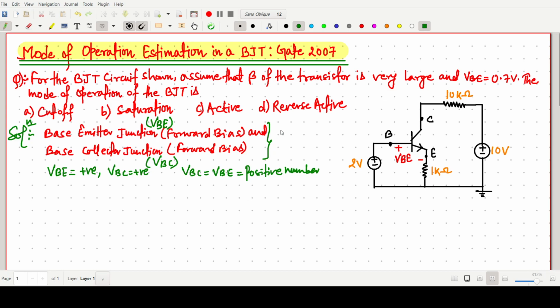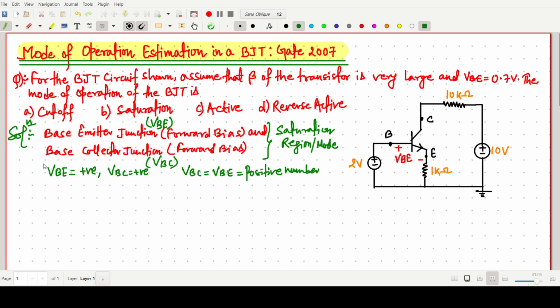So this is the saturation region. This is a very important condition: the transistor acts in saturation mode.